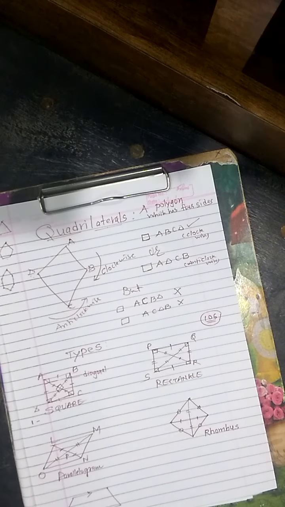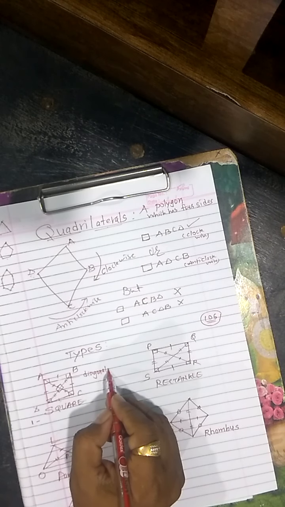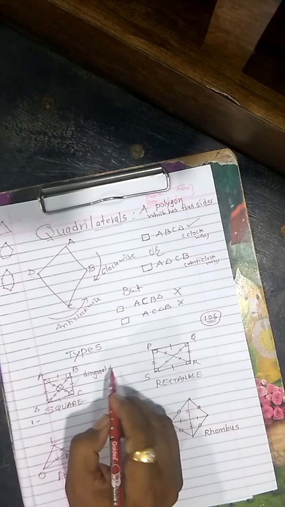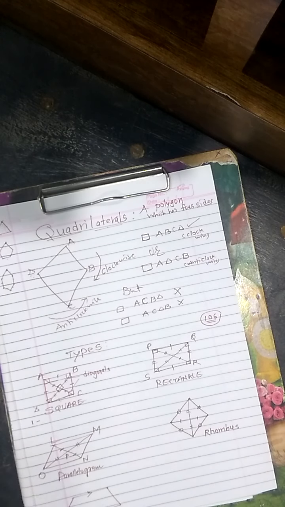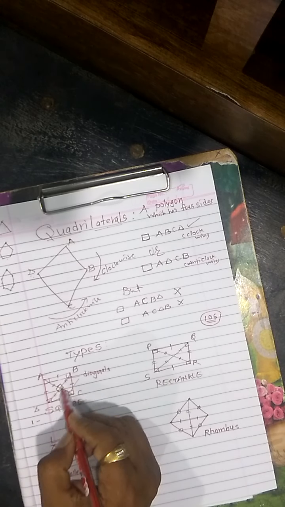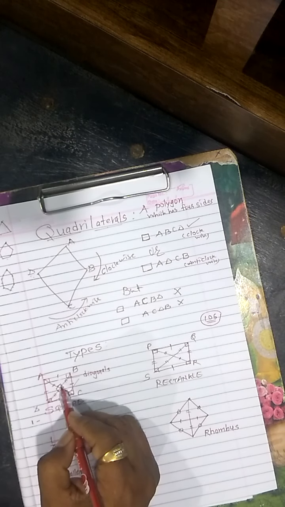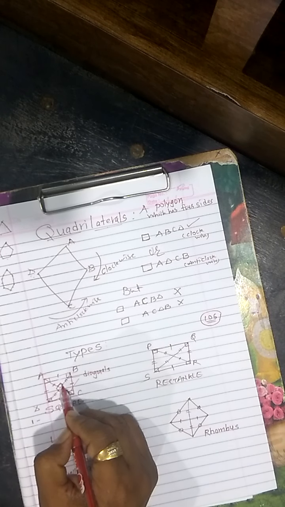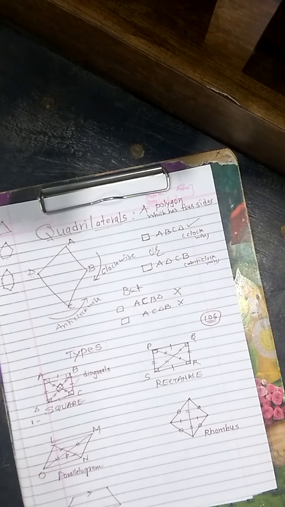In a square there are two diagonals. What can you say about these two diagonals? These two diagonals have equal measure. They also intersect at right angles. It is another property.